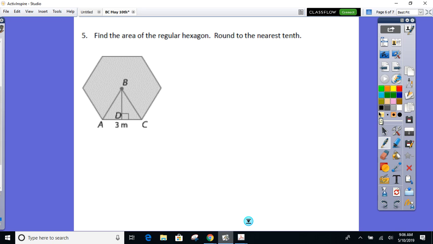Okay. Area of the regular hexagon. 1/2 AP, or we'll break it up. Okay. I think we can fill in the perimeter first.